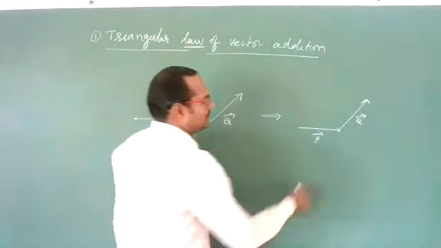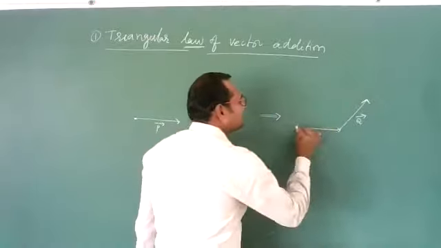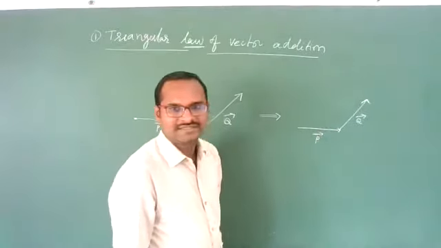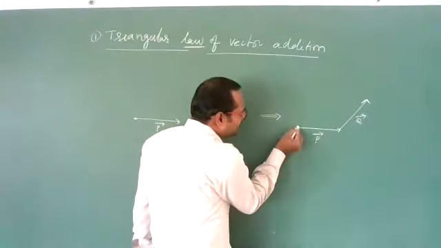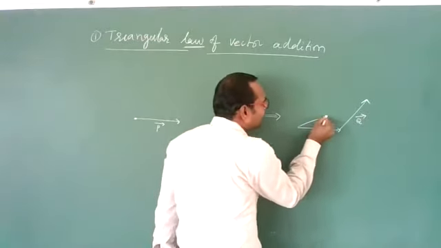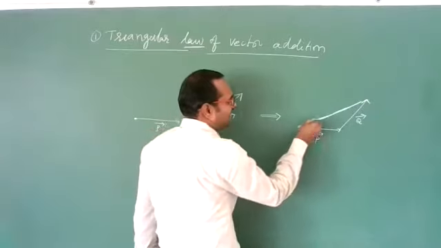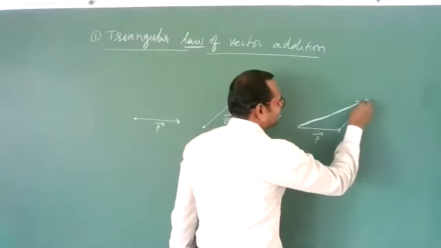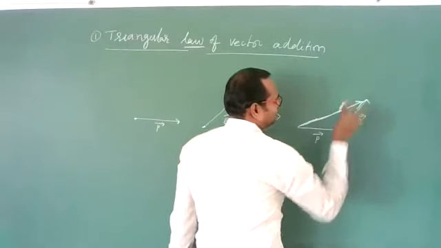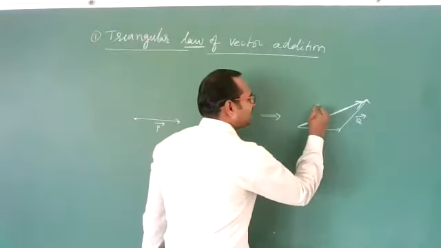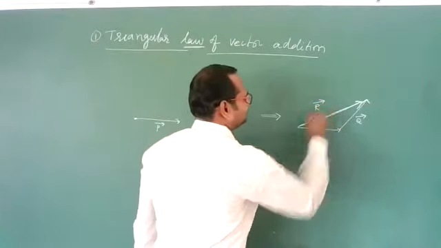Now, the resultant of these two vectors can be given by the closing side of a triangle. Suppose you close these two vectors with one line like this. See this line; we call it the resultant vector.